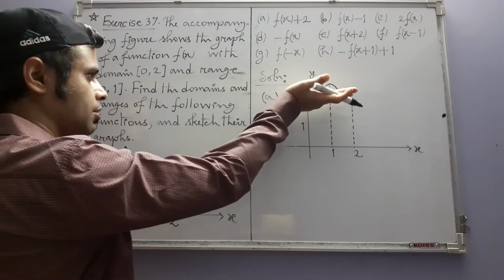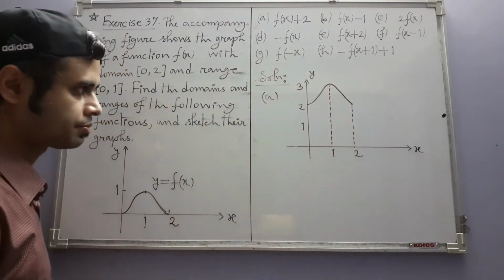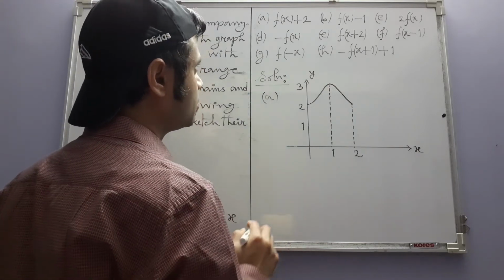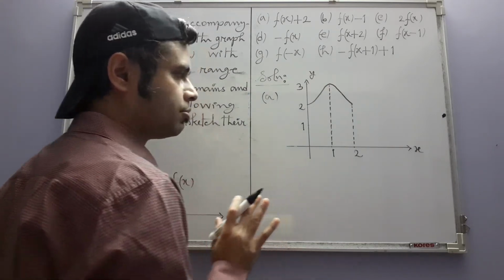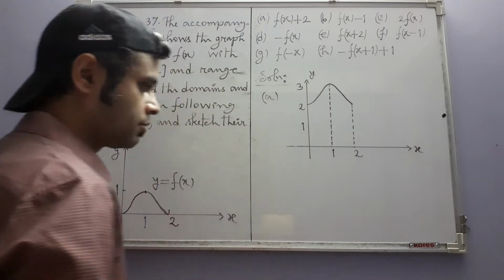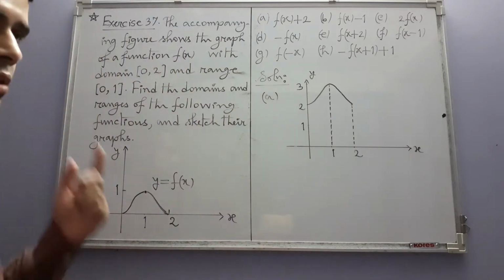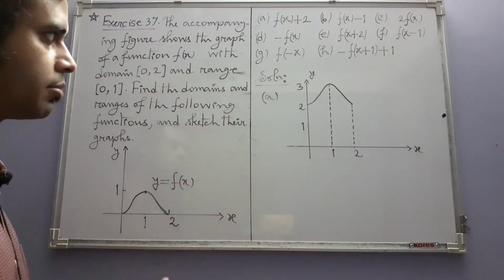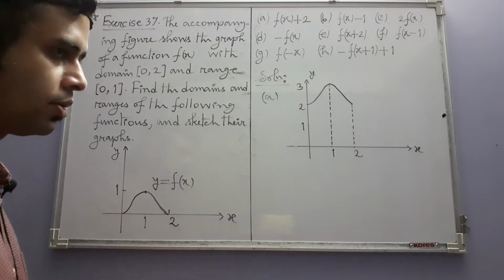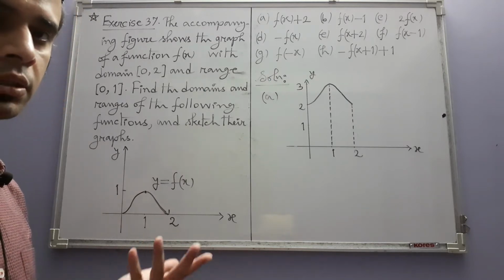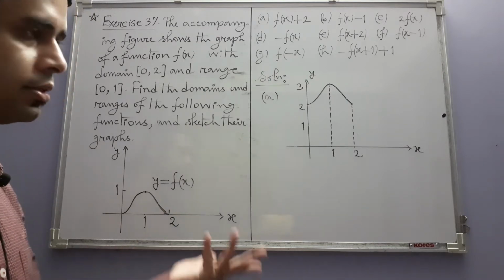So this is our new graph. Of course, in the solution you have to write all the formal things, that the following is the graph of the new function f of x plus 2, and then you draw the graph.